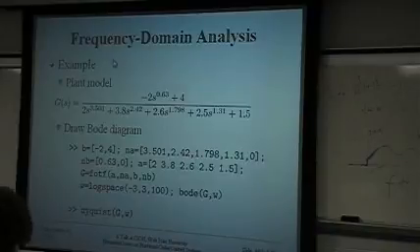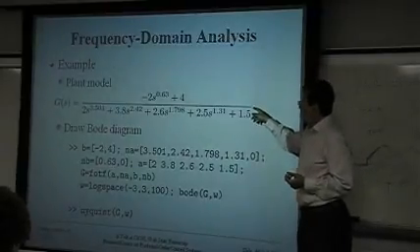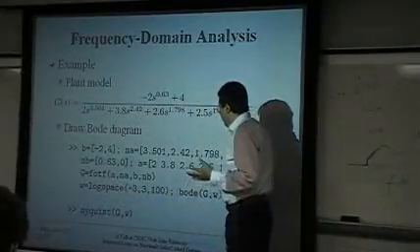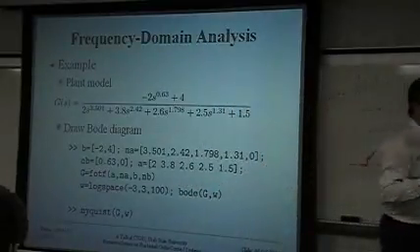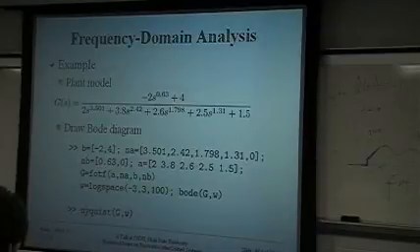And let's consider the example like this again. If we define the vector W, we can easily draw the Bode diagram of the system with the same command as we use in the Control System Toolbox.